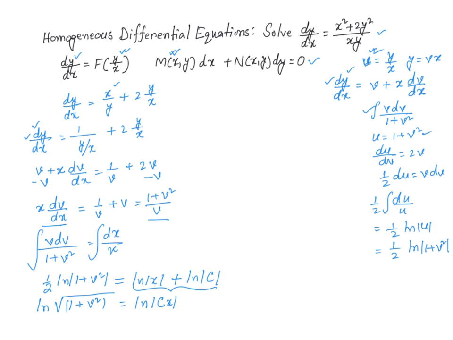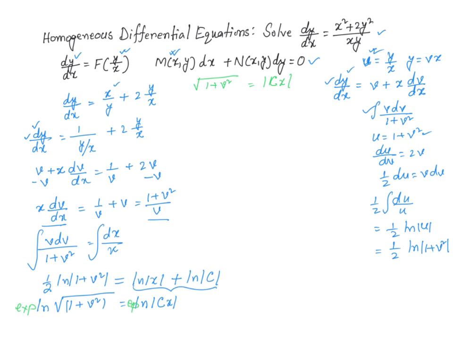Now at this point I can apply the exponential to both sides. The exponential and the natural logarithm are inverses of each other, so they're going to cancel each other out. That's going to give me the following: on the left hand side, the square root of 1 plus v squared, and on the right hand side, the absolute value of cx.